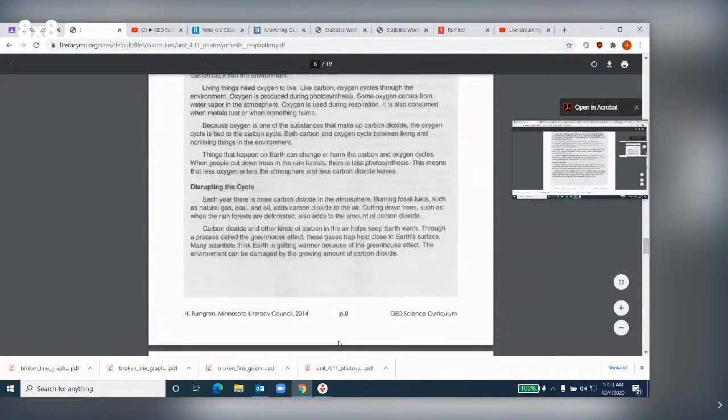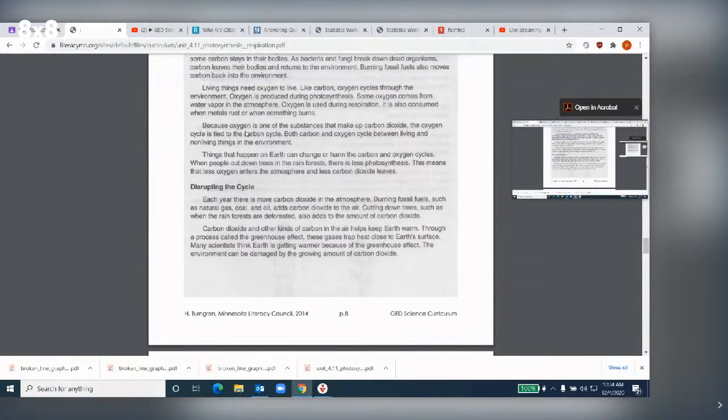Like carbon, oxygen cycles through the environment. Oxygen is produced during photosynthesis. Some oxygen comes from water vapor in the atmosphere. Oxygen is used during respiration. It's also consumed when metal rusts or when something burns. Because oxygen is one of the substances that make up carbon dioxide, the oxygen cycle is tied to the carbon cycle. Both carbon and oxygen cycle between living and non-living things in the environment.